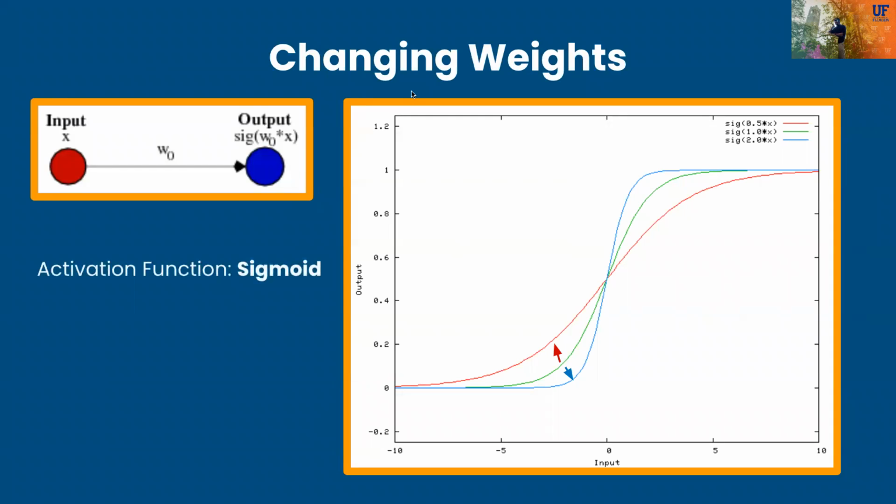Okay, so changing the weights, say you were to do this on a sigmoid. Changing the weight on the sigmoid would look something like this, where if you make the weight higher or lower, it would move the function to fit your data.